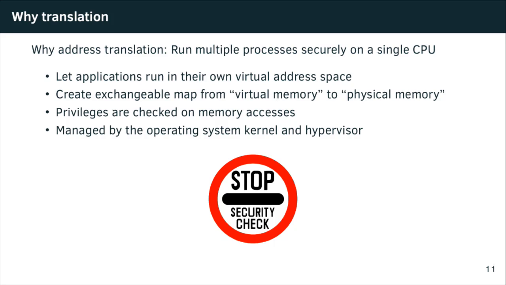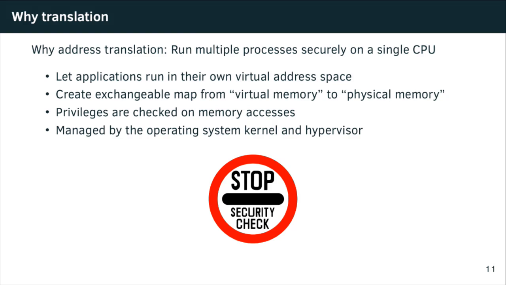Well, back in the late 80s, early 90s, Intel decided it was a wonderful idea if we could run more than one process securely on a single CPU. And the way they implemented this was that they gave each application its own private virtual address space, and then have a mapping for each process from virtual memory to physical memory. The exchangeability is that each process has its own.